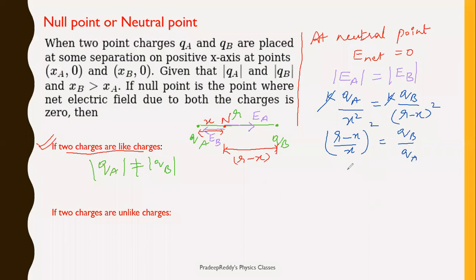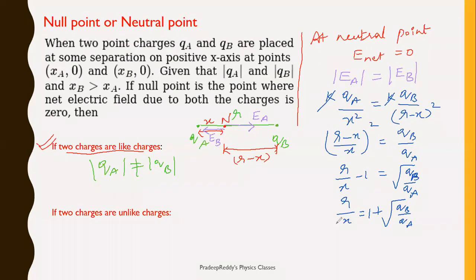Now from here you can write R divided by X minus 1 is equal to under root QB divided by QA. And from here you can write R by X is equal to 1 plus under root QB divided by QA.